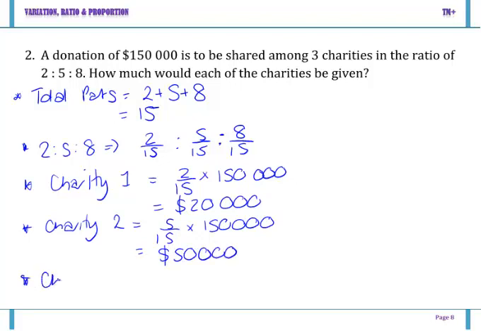And my final charity, charity 3, would be 8 over 15 times the 150,000, which is 80,000. And you can always check whether this is correct by adding 80,000, 50,000 and 20,000 and realising you're getting that 150,000.